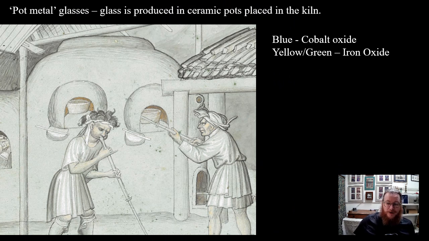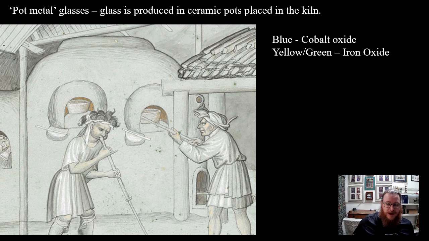Now some colours were only achieved by adding extra ingredients to the molten glass while it was in the kiln. Blue glass, for example, required the use of cobalt oxide in various quantities to produce various shades of blue. Green glass and some yellows required the addition of iron oxide to the pot.